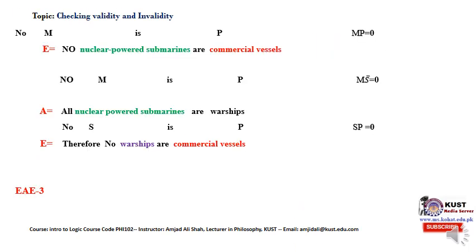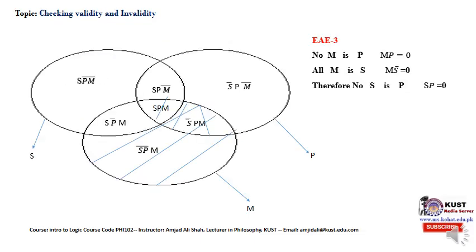Now we have: no nuclear powered submarines are commercial vessels. All nuclear powered submarines are warships. Therefore, no warships are commercial vessels. MP is equal to 0. This is the first premise.